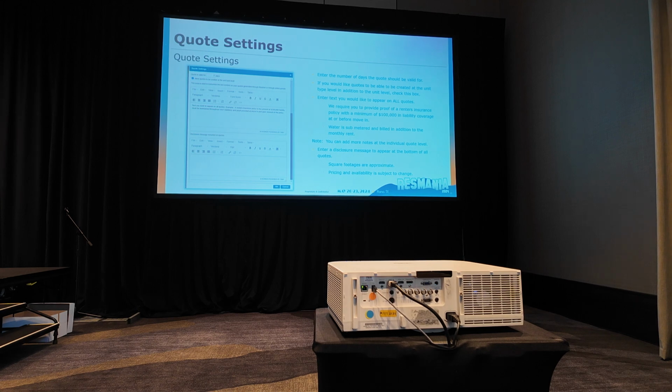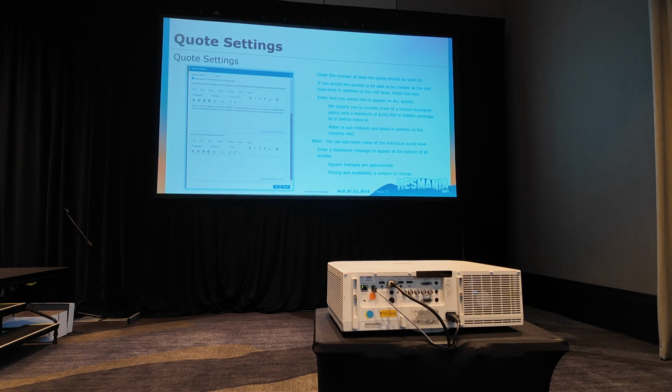If you want quotes to be able to be created at the unit type level, in addition to the actual unit level, like a numbered unit, you can check that box and allow them to be created at the unit type level. It also allows you to enter some text you would like to appear on all quotes. Might be something along the lines of, we require you to provide proof of renter's insurance.